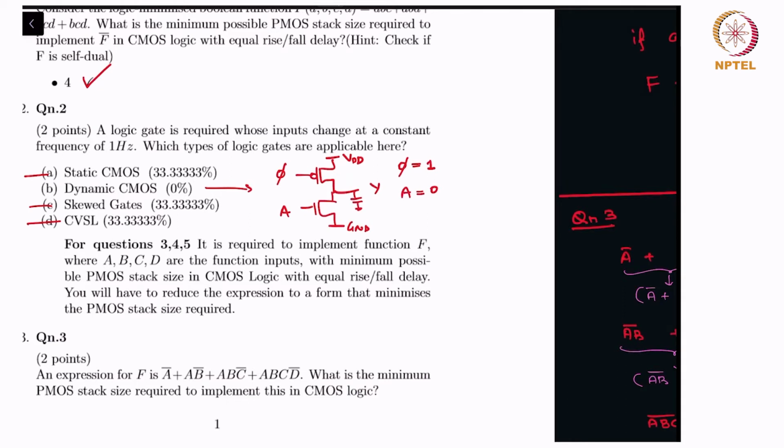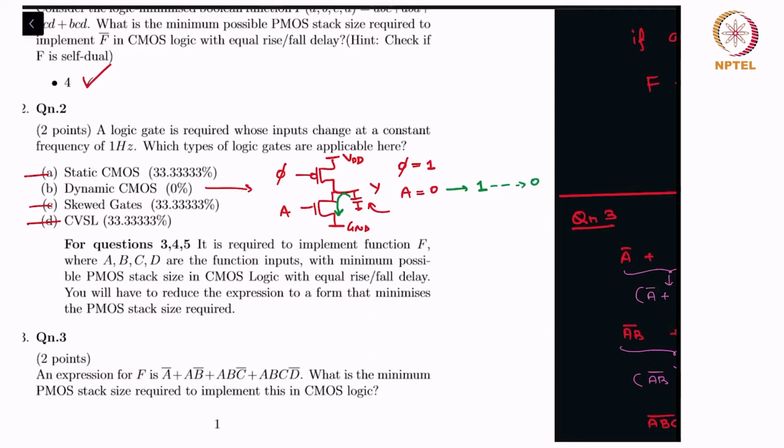So there exists a particular input combination at which the output will float, and since the output is floating, it will obviously leak. It will leak through the N stack to ground because the NMOS is generally stronger than the PMOS in a dynamic CMOS gate. So you expect that the output will be 1, but it is now going to leak to 0.